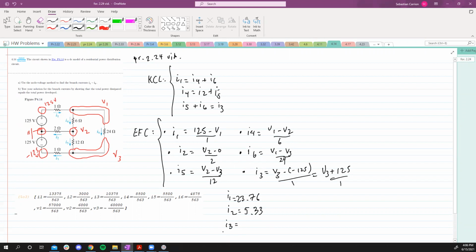I3 is equal to 18.43. I4 equals 15.097. So we just round it, say 15.10 amps.